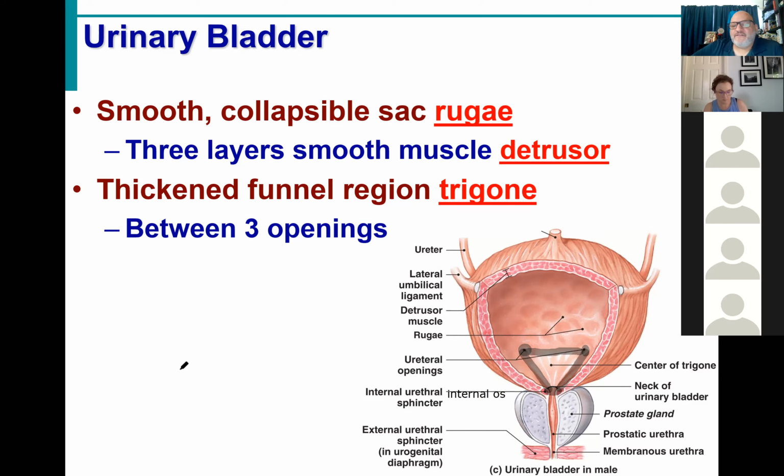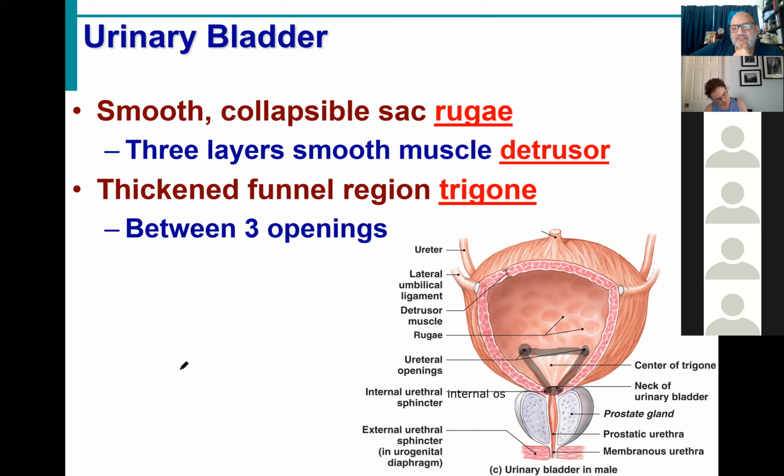This thickened funnel-shaped region is what is known as the trigone. The trigone is important for two reasons. Being thickened and hardened, it keeps the bladder from collapsing completely, helping to keep the pathway open. However, from a clinical standpoint, if it is a thickened, hardened region and we can't fully collapse the bladder, are we likely to be able to fully empty the bladder?